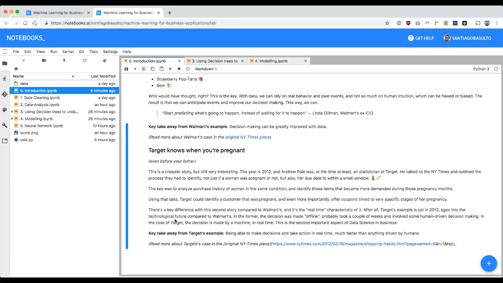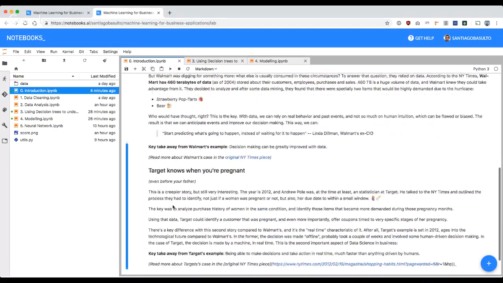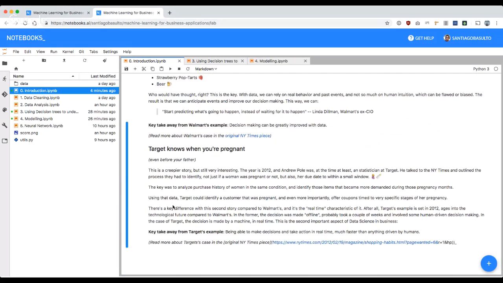So there is a big difference here, and it's that a computer can act a lot quicker than a human being. Okay, so this is the big important difference between these two. And the second important takeaway of business and data science: using data science techniques, you can act a lot quicker. You can anticipate many things and gain a competitive advantage.